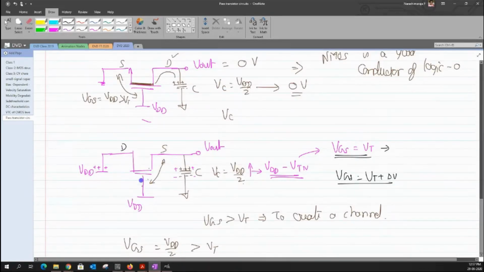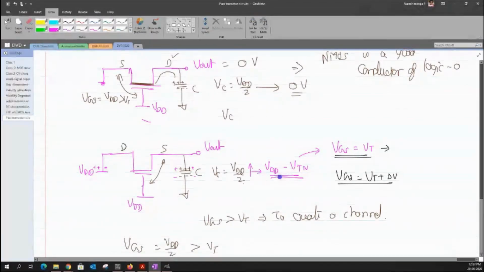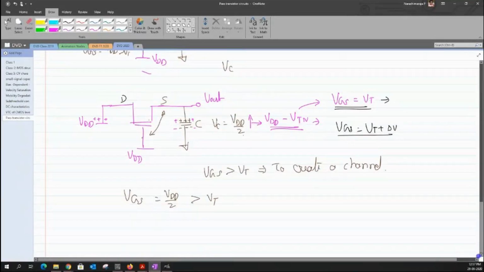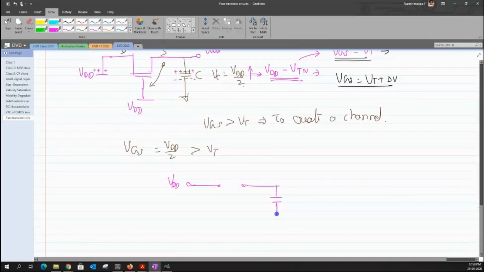Once the channel ceases to form because of the value of VGS, can these charges from the drain move through this path to charge up the capacitor further, so that my voltage reaches VDD? In all the previous cases, we had a source, VDD, supplying the charges to the capacitance C, and a path between the source and the drain through which charges moved and got deposited on the capacitor.